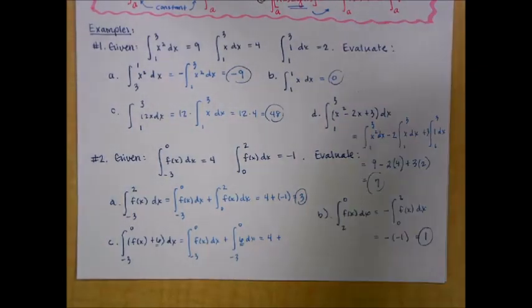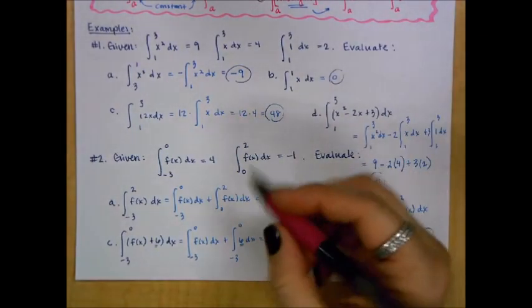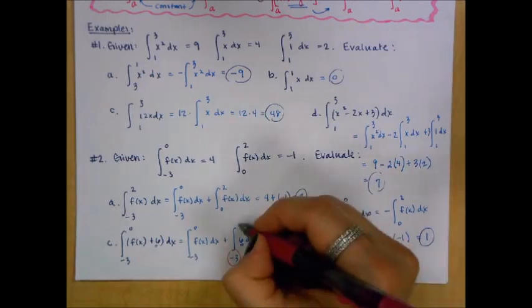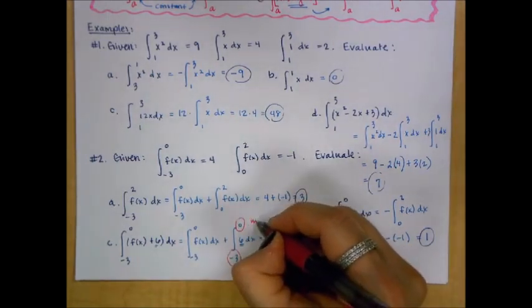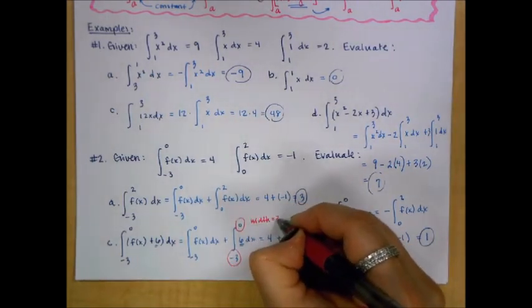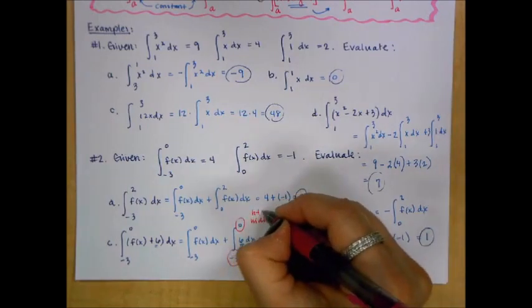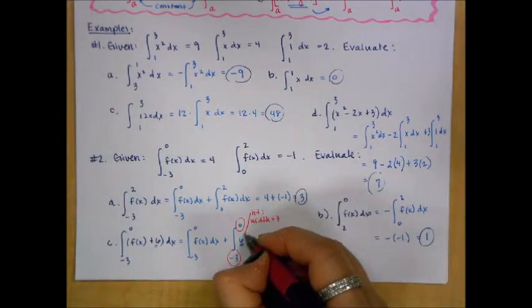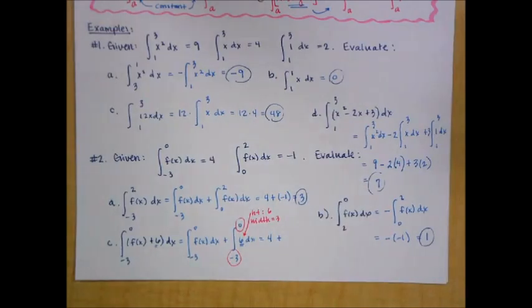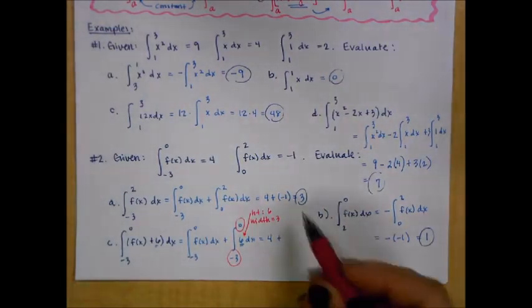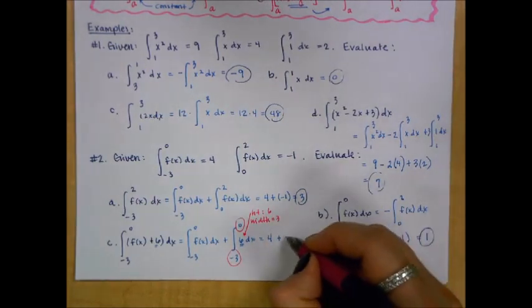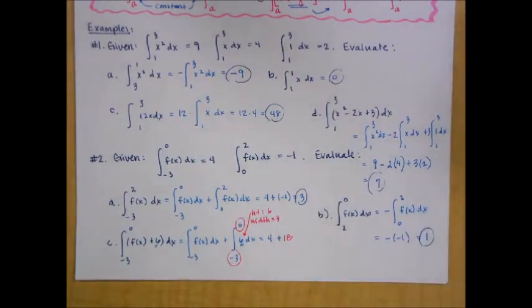The width is the interval width, negative 3 to 0, so that's a width of 3. And then the height is my constant, which is 6. So the area of this space, which is just a rectangle, is 3 times 6, or 18. 4 plus 18 is 22, and that is our answer.